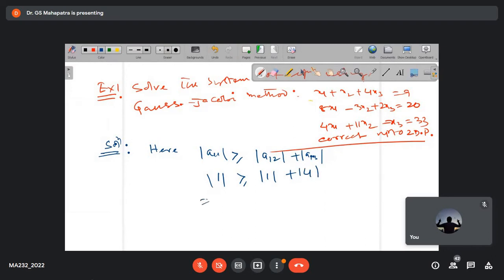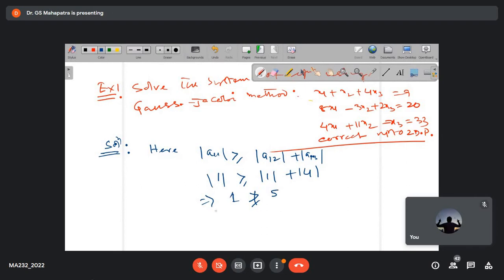That implies 1 is not greater than or equal to 5.